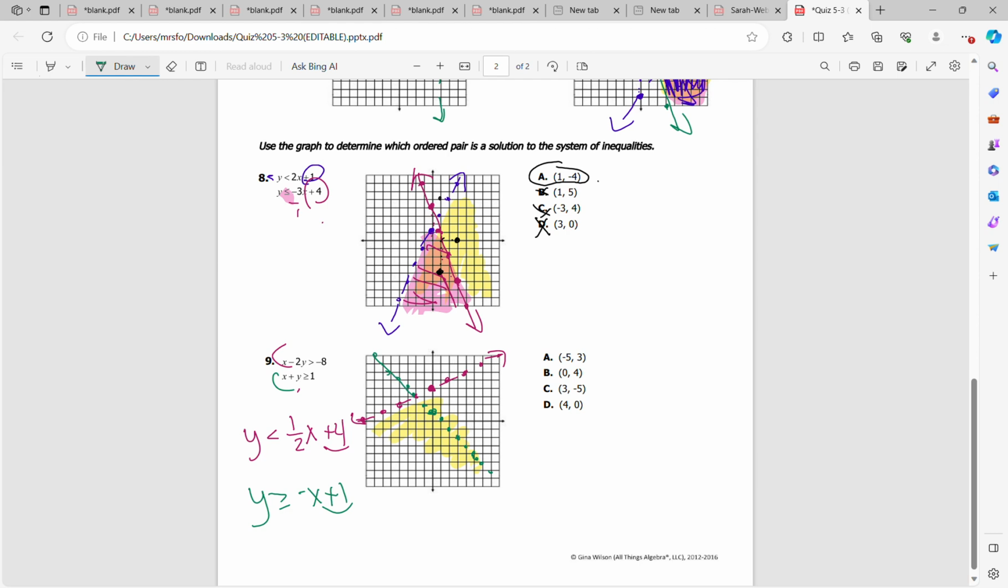And that's a solid line, because the or equal to means it's solid. And then it is a greater than, so we want to shade above that green, but only above where the yellow's already at. So it would be up here. This would be the solution.